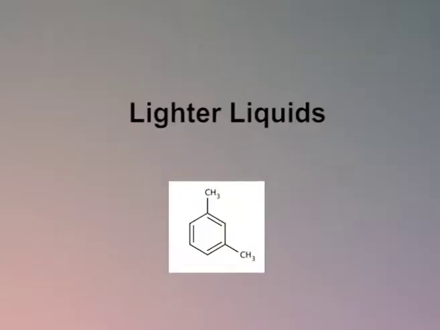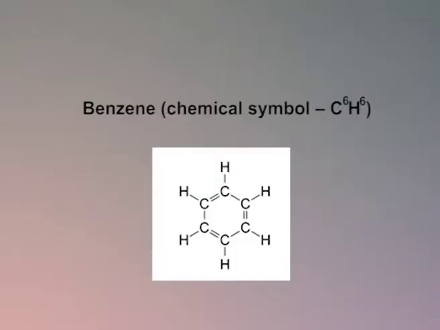Coming to lighter liquids, xylene. Xylene or dimethylbenzene is an aromatic hydrocarbon mixture containing a benzene ring with 2 methyl groups at various substituted positions. It has a very low density of 0.864 grams per milliliter. Coming to benzene, chemical symbol C6H6. It is an important organic compound.